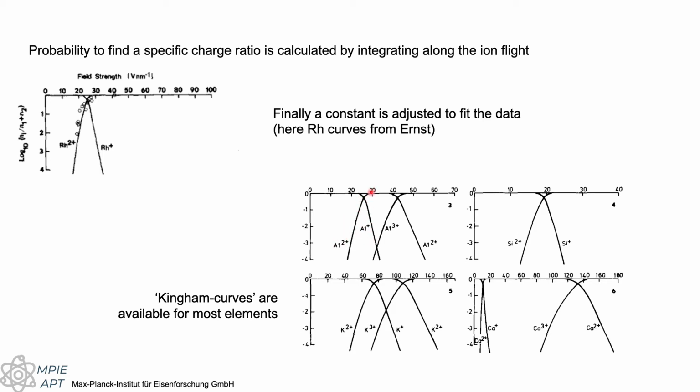And as you start reaching fields of about 30 volts per nanometer, then some substantial amount of aluminium 3+ will come in. So here it's about 1 in every 1,000 ions that will be aluminium 3+. Here it would be 1% aluminium 3+ at like 38 volts per nanometer. So these curves are quite useful and important to bear in mind.